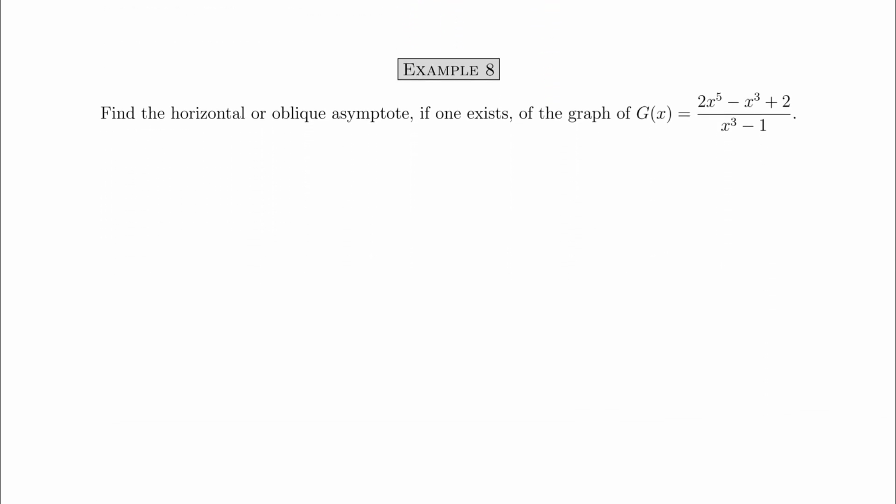And I believe this is our last example. We are looking for the horizontal or oblique asymptote, if it exists, of 2x to the fifth minus x cubed plus 2 over x cubed minus 1. So the degree of the numerator here is 5. The degree of the denominator is 3.